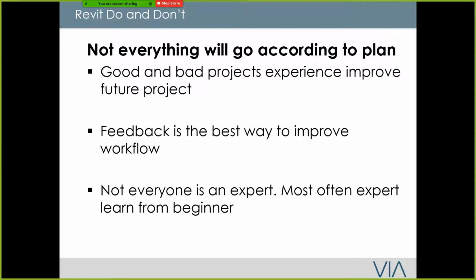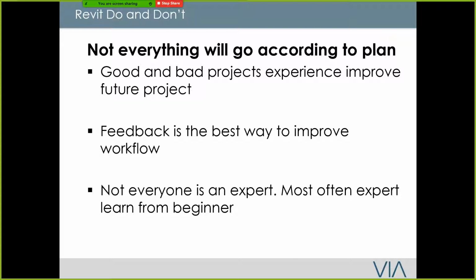All right, not everything will go according to plan. Most often, I like to talk about good and bad project experiences to improve future projects. That way, users just have to know what will work, and then implement it in their projects. I always like feedback as well.